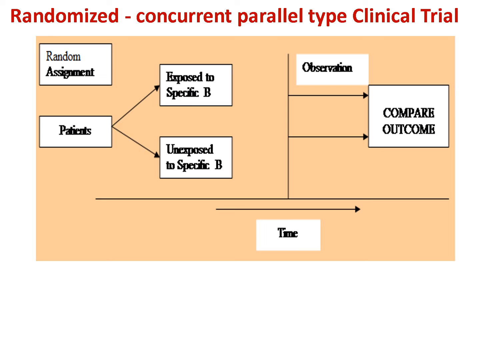They are observed for a duration of time. Those who are allocated to the experimental group will be in the experimental group till the end of the study. Those who are allocated to the control group will be in that group till the end of the study. Then the outcomes are compared.